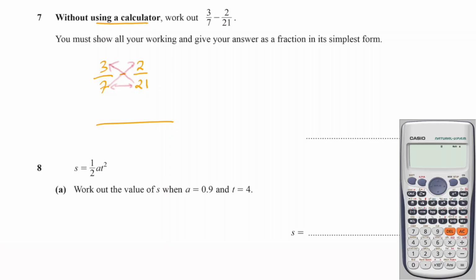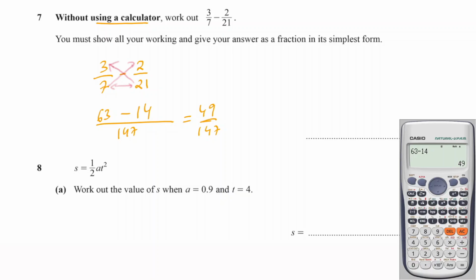So if I use the calculator to multiply 21 times 7, that does not matter. 21 times 7 is 147, and 21 times 3 is 63. See, I have shown the steps to cross multiply. 7 times 2 is 14, right? And 63 minus 14 you can calculate. 63 minus 14 is 49. So you get 49 by 147.